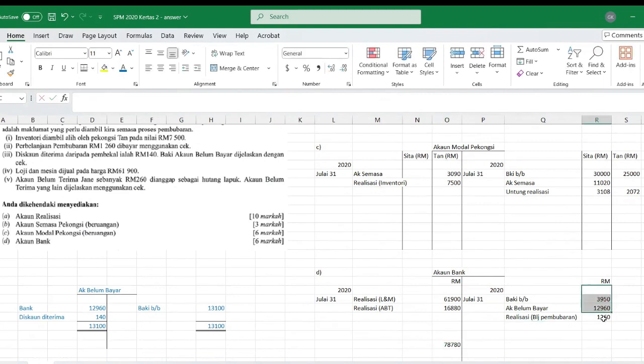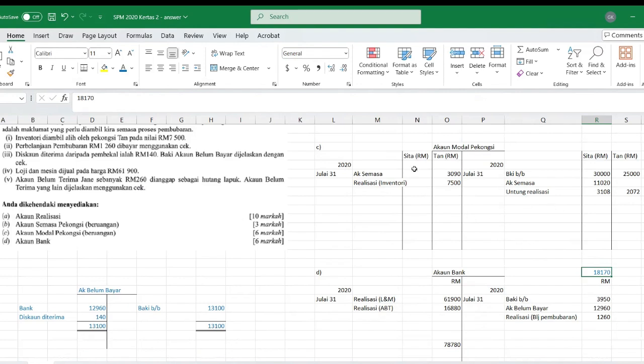Right, if you total up the credit side of the bank account, how much do you get? You get 18170. You jot down your pencil first. Okay, so it means there are cash in the bank, and when the partnership is dissolved, bubarkan, this cash in the bank must return to the partners. How much to return to each of them? We're coming close to that.